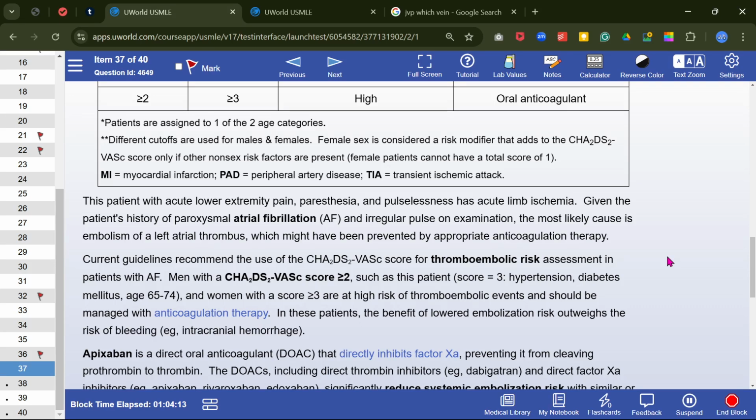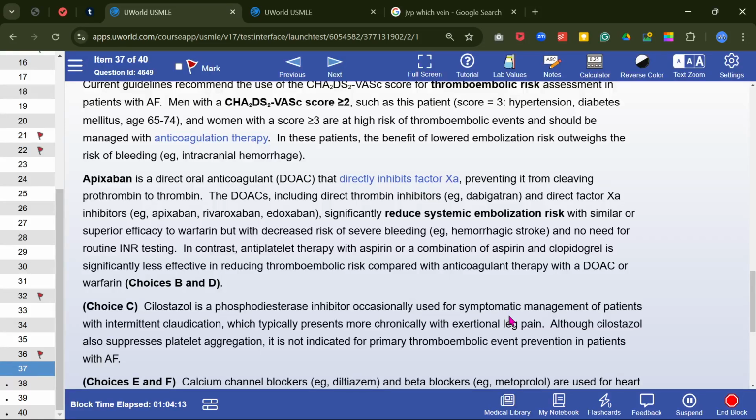Okay, apixaban. Apixaban is a direct oral anticoagulant that inhibits factor Xa, preventing it from cleaving prothrombin to thrombin.